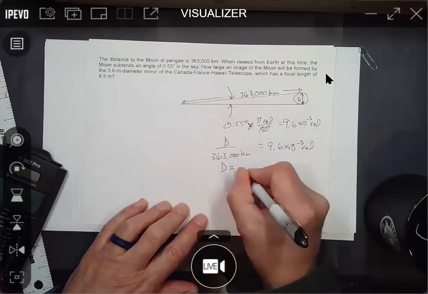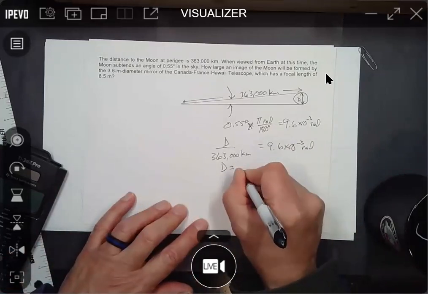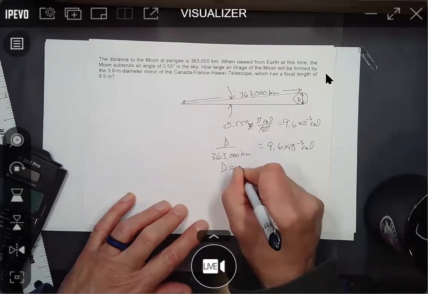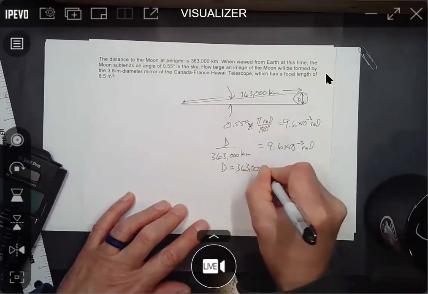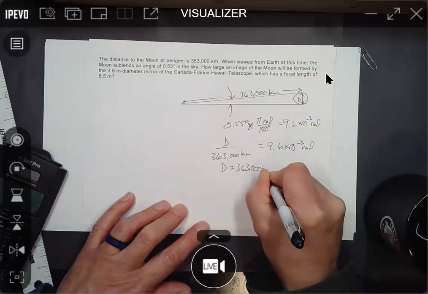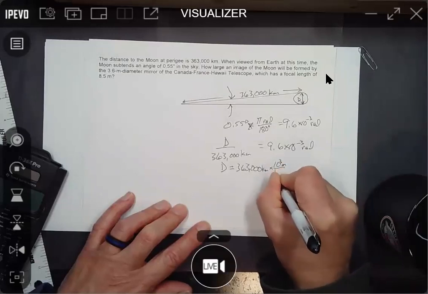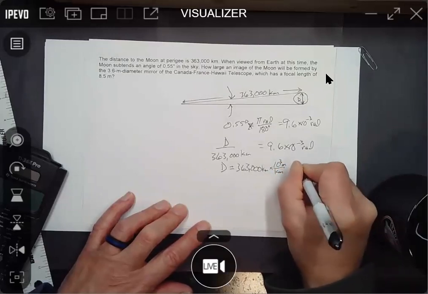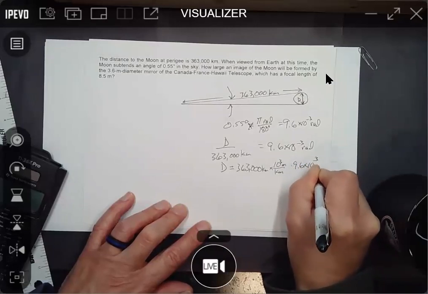So the diameter of the moon anyway, and you could look it up, but this is more fun, is 363,000 kilometers times 10 to the third meters per kilometer times that 9.6 times 10 to the minus third radians.